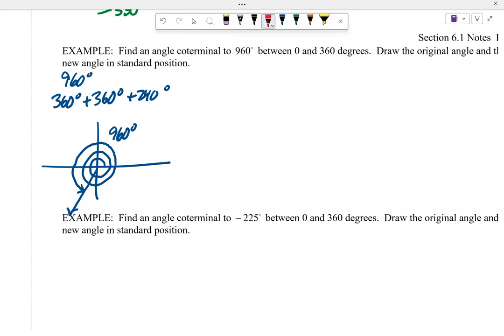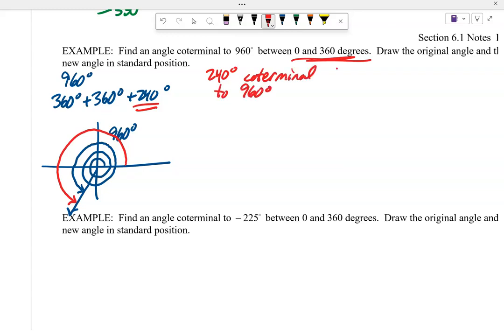Well, let's do it in red. 180 plus 60 gives us 240 degrees. So 240 degrees is an angle between 0 and 360 that's coterminal to 960 degrees.